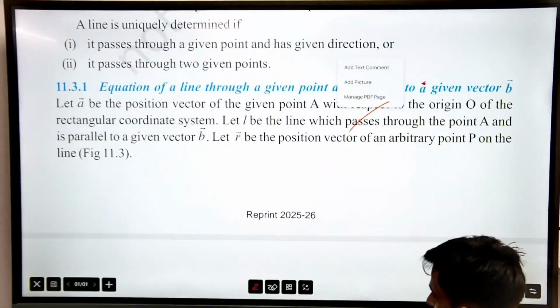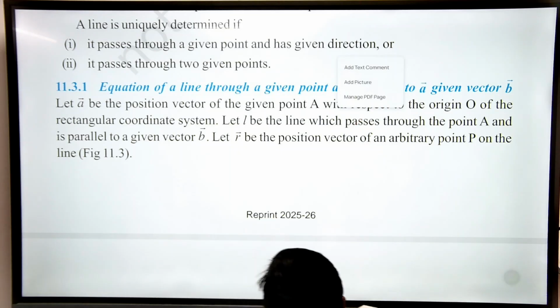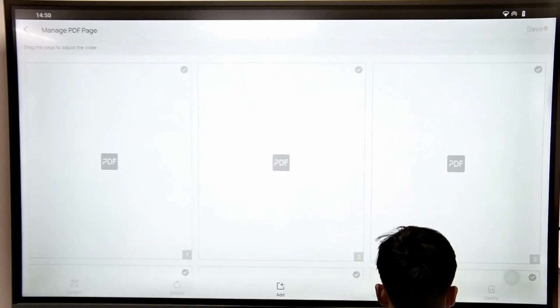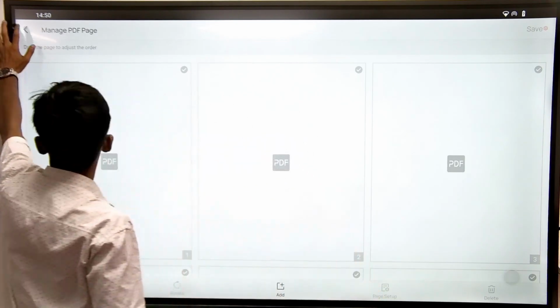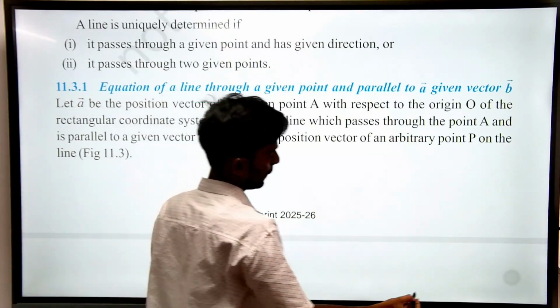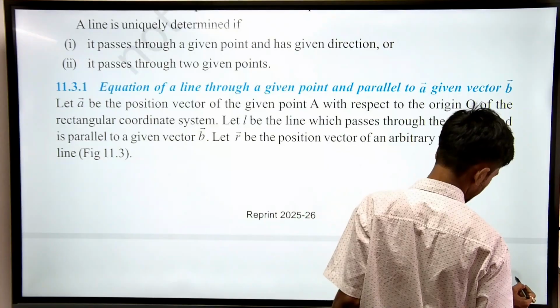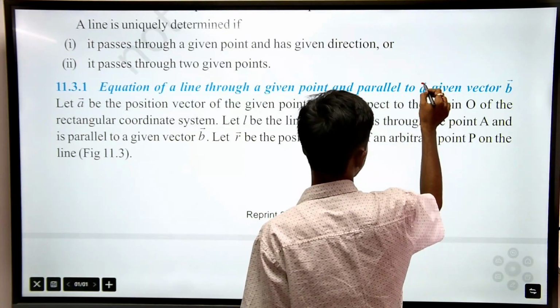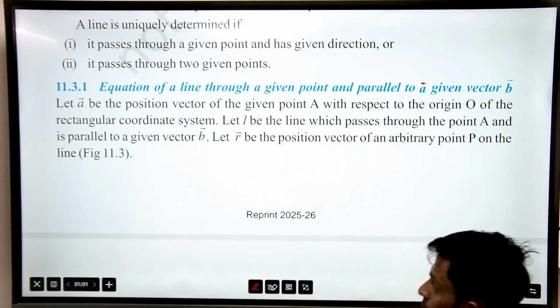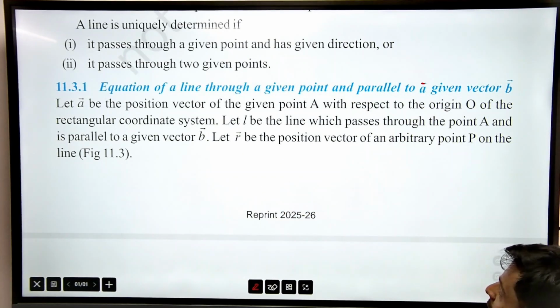This is simple a. Equation of a line through a given point and parallel to a given vector b.